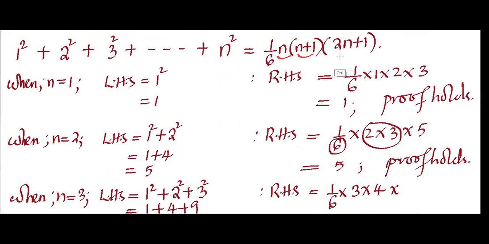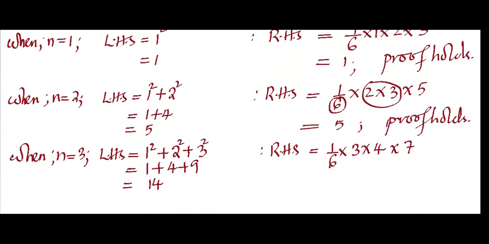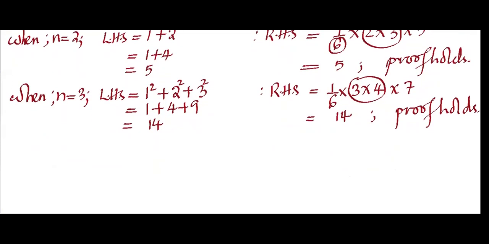That is a 7. So we notice that we have a 12 here, and 12 divided by 6 is 2. That 2 times 7 gives us 14, and we are saying again that the proof holds. So the sides do balance.